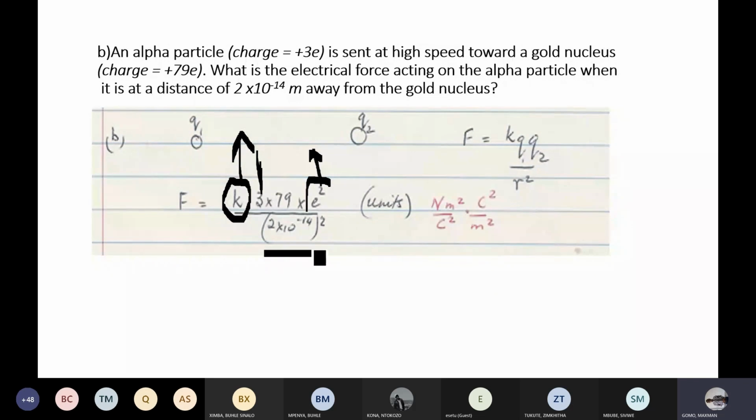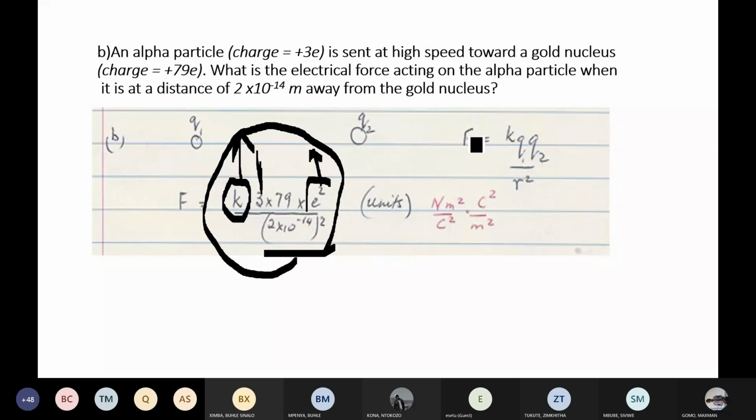Then the distance is given right there. If you multiply these, you are going to get the answer to this question. Am I making myself clear? Yes, Prof. Thank you so much. Again, units are very important in this module. You should see how they cancel each other. They are very important.